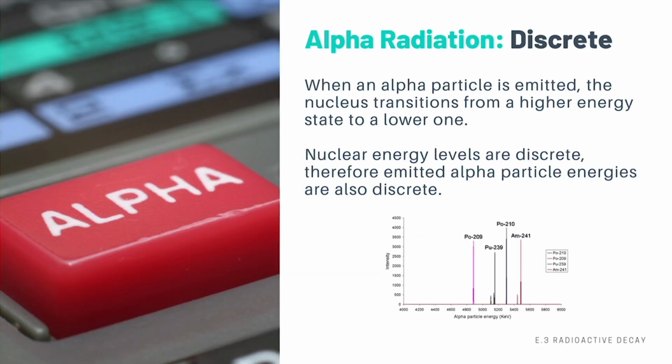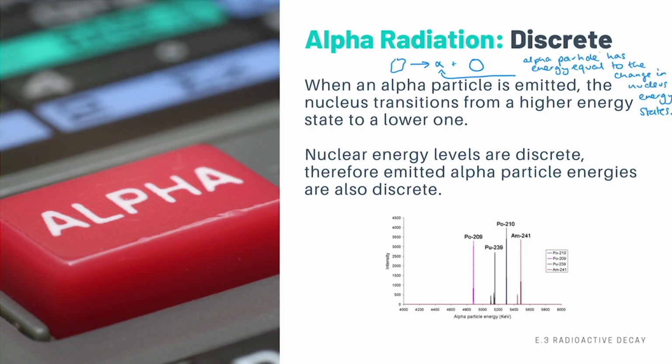In radioactivity, if you have an unstable nucleus, it releases an alpha particle to create a more stable nucleus. And when that alpha particle is emitted, the nucleus transitions from a higher energy level state to a lower one. And the alpha particle that's emitted has the energy equal to the change in those energy states. How do we know that?